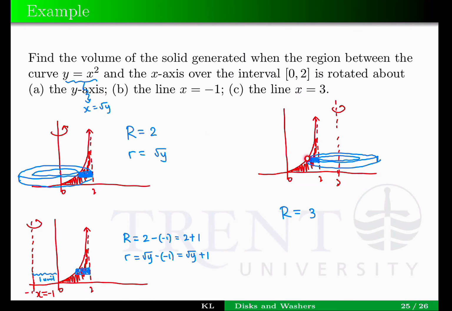This point here, part of the function, is from the function going to this one. But we only want from this point going to this point. And our 3 is from this point to this point. So we have to subtract this portion. But that's your square root of y. So 3 minus square root of y.